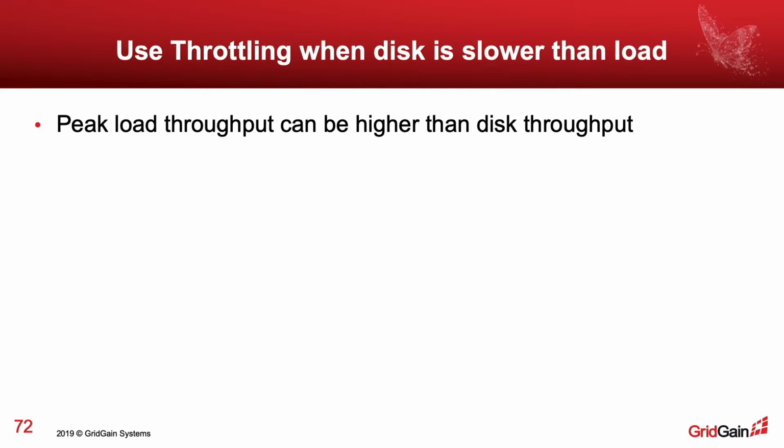Next point, it's also related to the disk. If you apply peak load throughput to a system, it may be higher than the overall throughput of your disk. And what will happen in such a case?